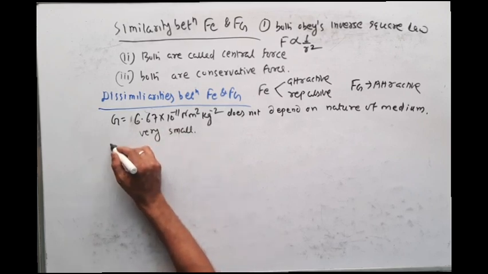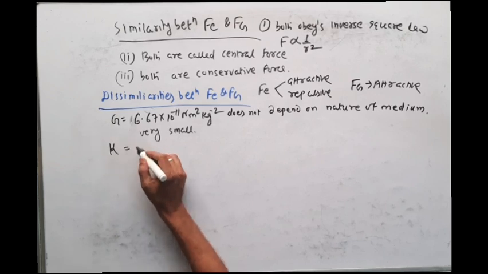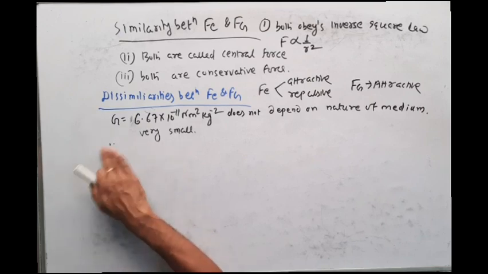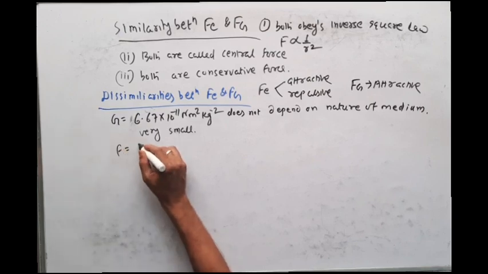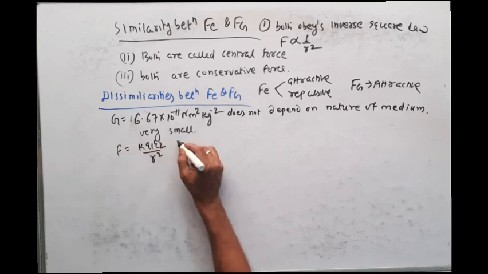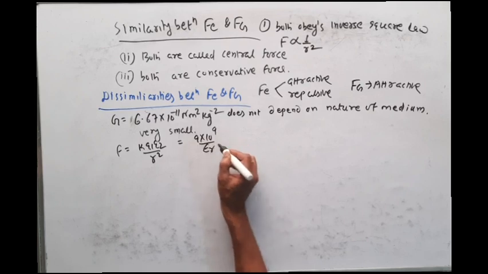But if we take the K value, that is the electrostatic force constant, what is K actually? We know F is equal to K Q1 Q2 by r square. K is equal to 9 into 10 to the power 9 divided by epsilon r.